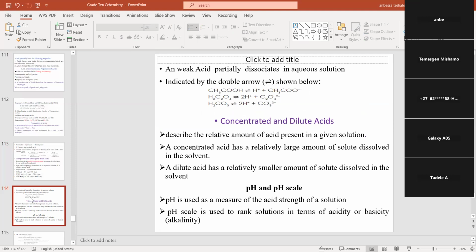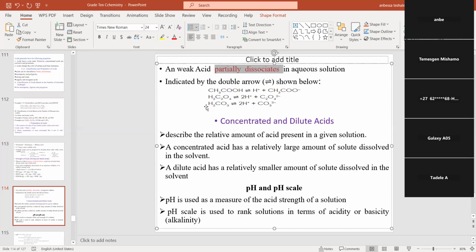Okay, weak acids are partially dissociated. Partial dissociation ማለት ከፊሉ ወደ ሪአክታንት ላይ ይቀራል ማለት ነው። አብዛኞቹ ኦርጋኒክ አሲዶች weak acid ናቸው። Here acetic acid is an example of weak acid. Carbonic acid is also an example of weak acid.